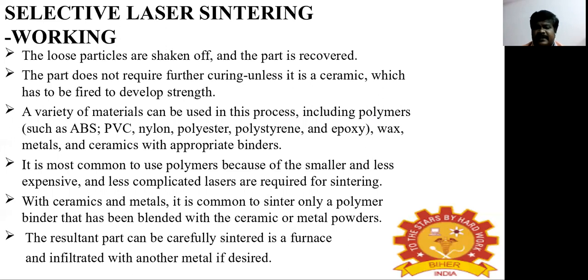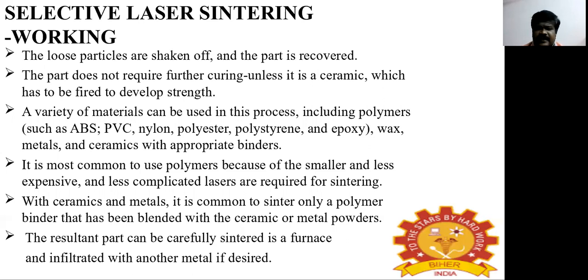The wide range of materials we use are ABS, PVC, nylon, polyester, polystyrene, epoxy, wax, metals, ceramics. All these are the variety of materials we use in the SLS process. It is common with polymers because it is less expensive, and less complicated lasers are required for this sintering process.